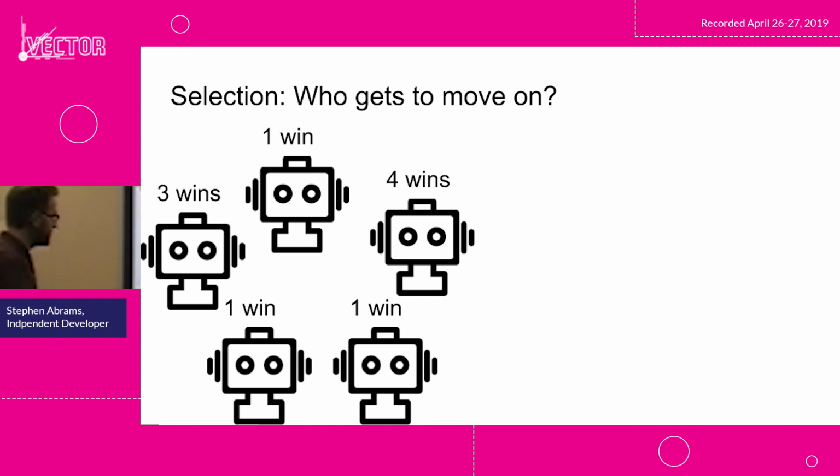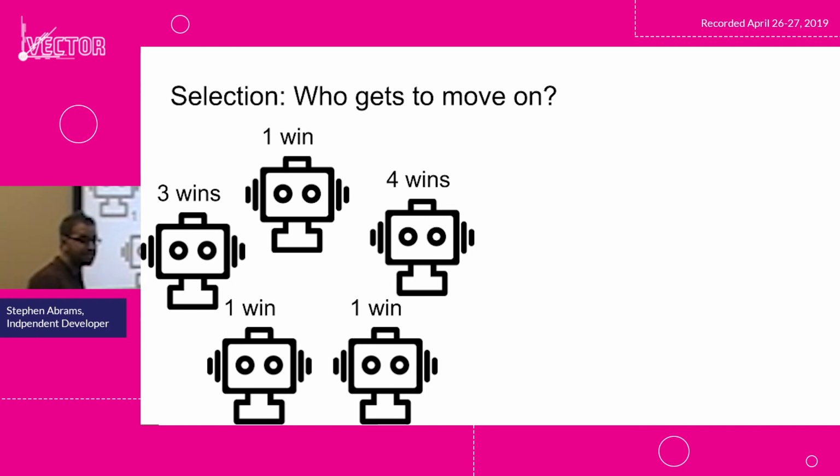So, for instance, there's a total of 10 wins. The bot here who won 4 times gets a 4 in 10 chance of making it to the next round. The bot who only won once only gets a 1 in 10 chance, but everybody gets a chance. And there's a good reason for that. I'll get to it in a second.